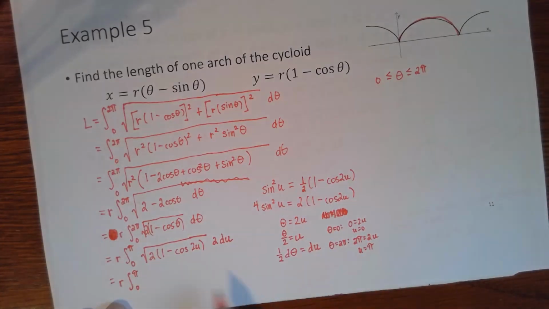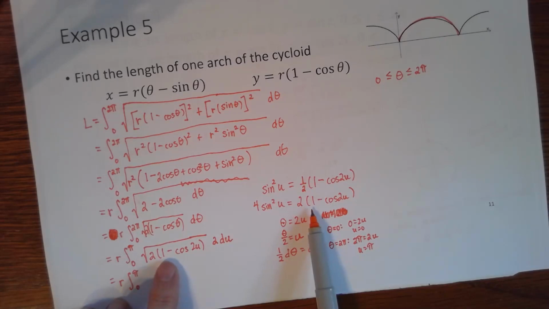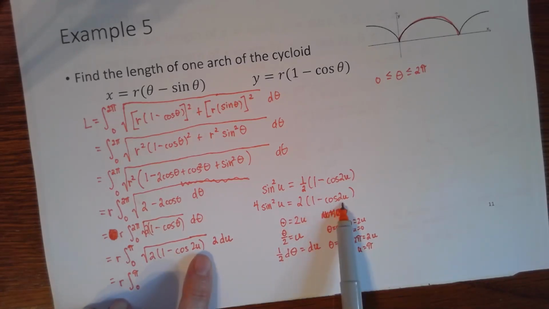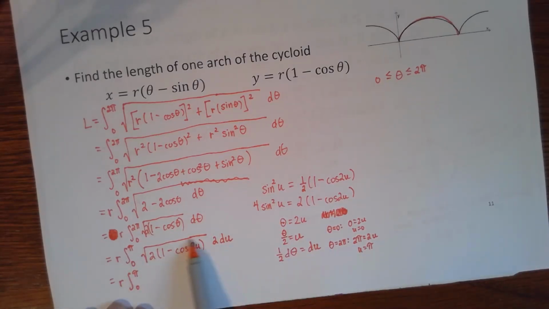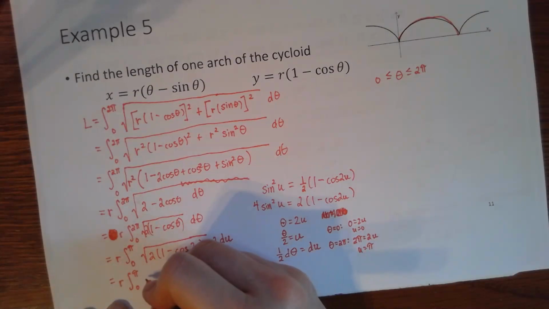And we know that if I've got 2 times 1 minus the cosine of u, for that I can substitute in 4 sine squared of u.